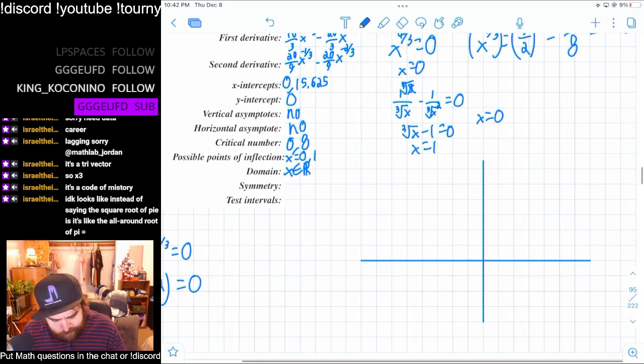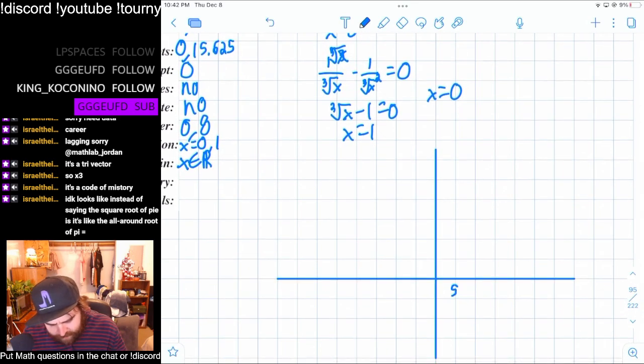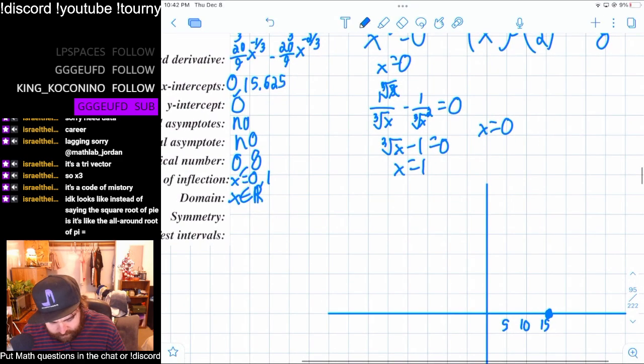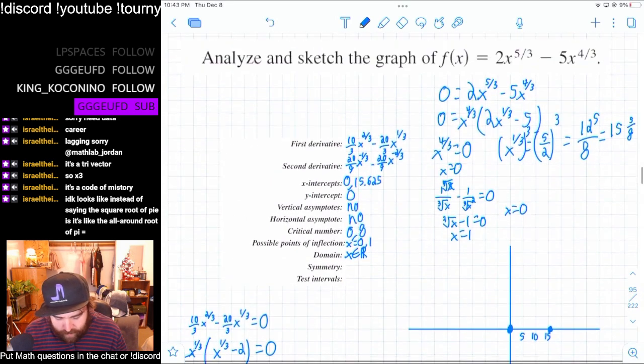So let's see. Let's make each of these blocks 5. So that way we can put our x-intercept just like right here. And then our other one at 0, which is also our y-intercept. We have a critical number at 8.